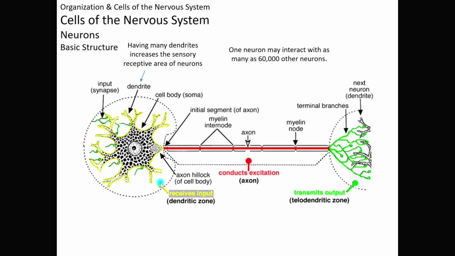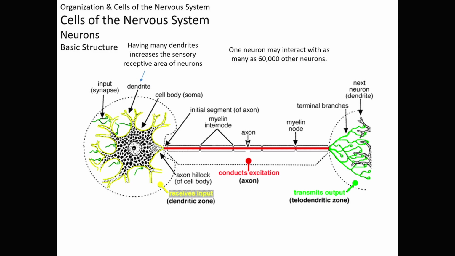I'll just again highlight here these little green structures in this diagram, which they say are synapses, because we're going to be talking more about synapses in just a moment. But the synapse, as you know, is the interaction point between two neurons. So we have all these synapses here within the dendritic zone where other neurons are able to send sensory input to the neuron that is the focus here in the diagram.